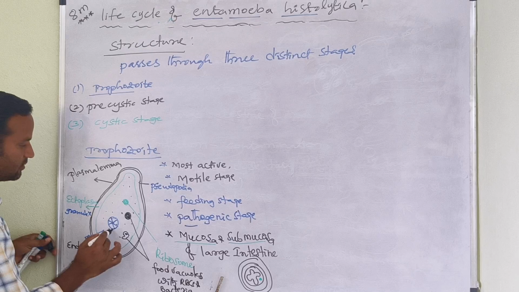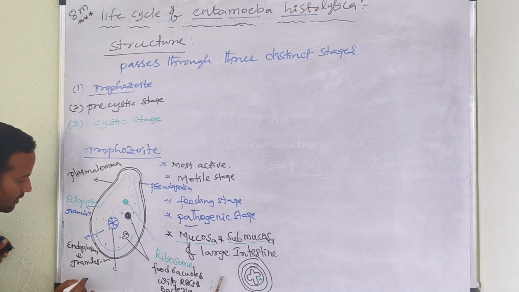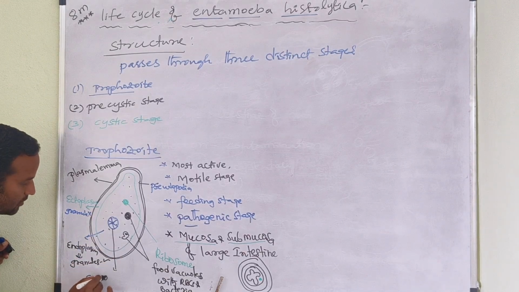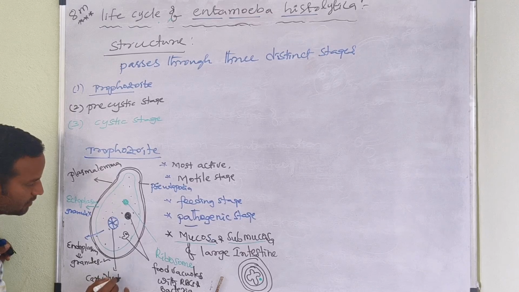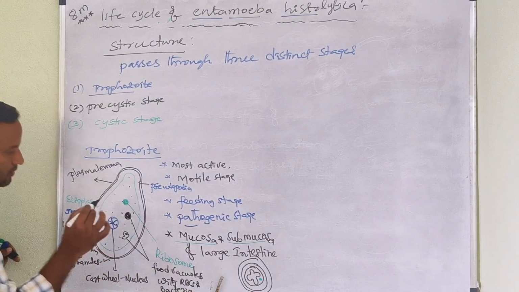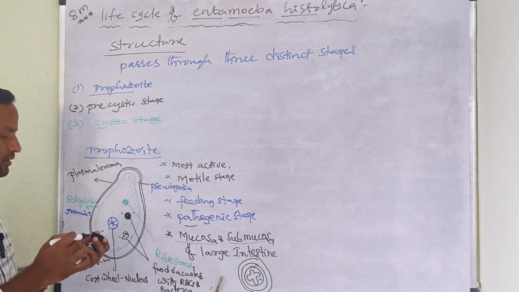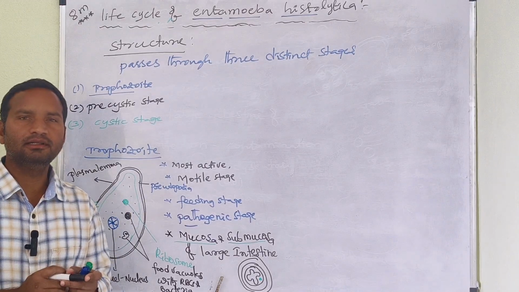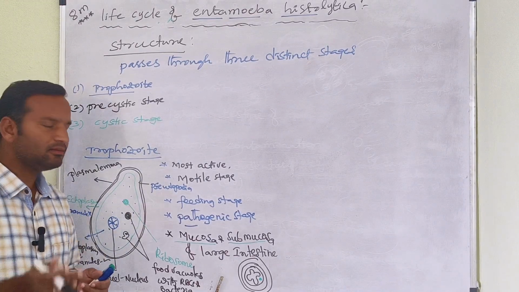The next one is the cartwheel-shaped nucleus. This is about the granules present in the endoplasm.